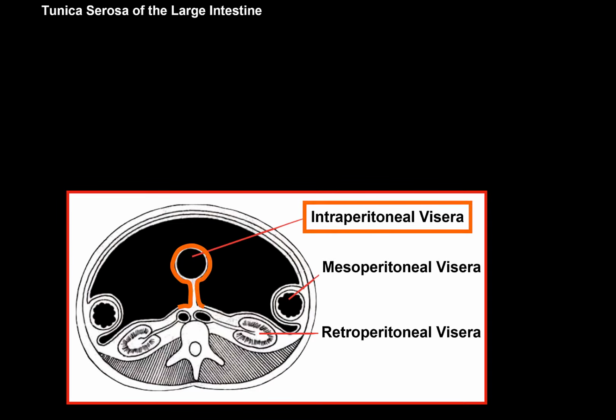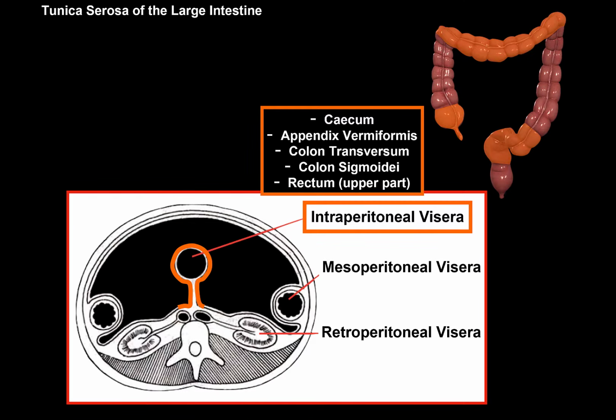The intraperitoneal viscera are the ones that are completely surrounded by the peritoneum. So completely surrounded by this tunica serosa. And these include the caecum, the appendix, the transverse colon, the sigmoid colon, and the rectum. And then you have the mesoperitoneal viscera, which are only partially covered by the peritoneum, as you see here, only on 3 different sides.